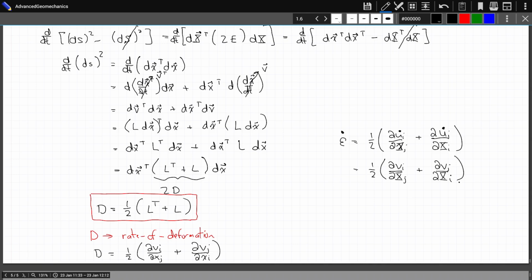Because little x is equal to X plus u, if u is small, then the two configurations coincide. That's where the 2D comes from, to make it consistent with the small strain rate.